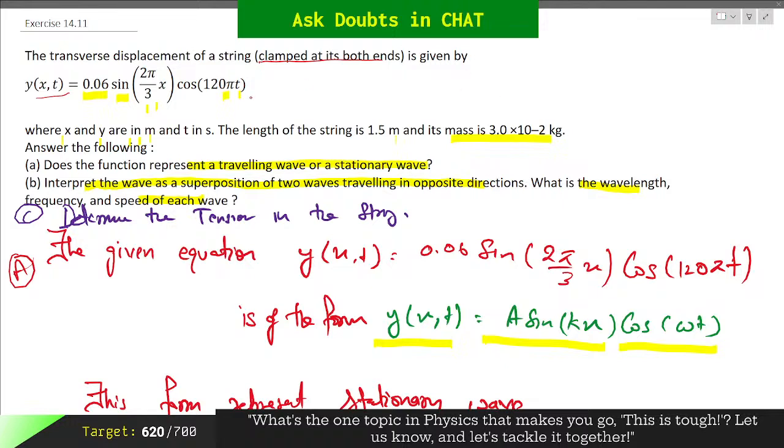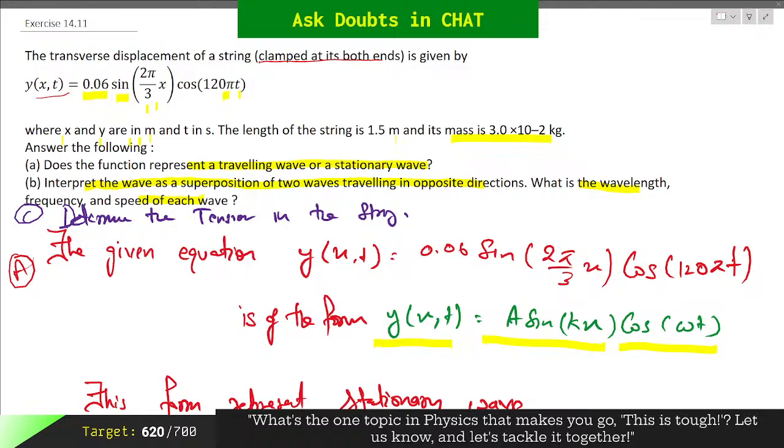So let us first revisit question number 11. It says that a transverse displacement of a string clamped at both the ends is given by y(x,t) = 0.06 sin(2π/3 x) cos(120π t), where x and y are in meters and t is in seconds.